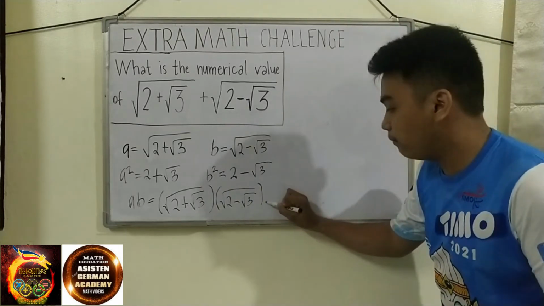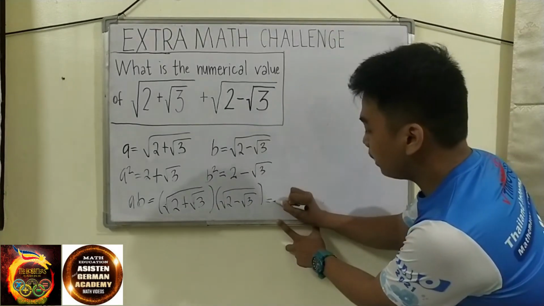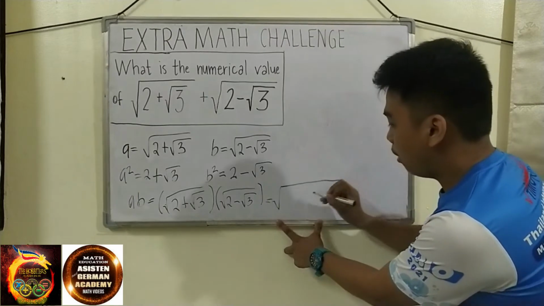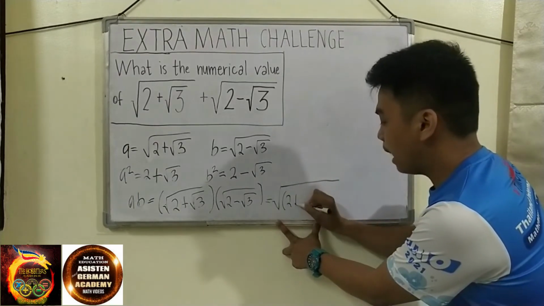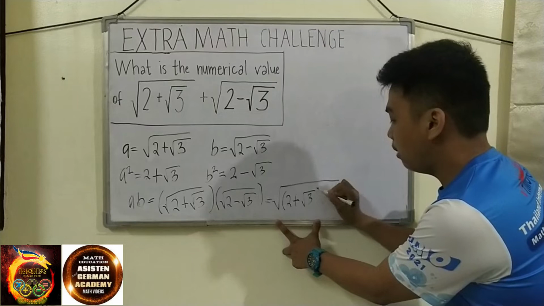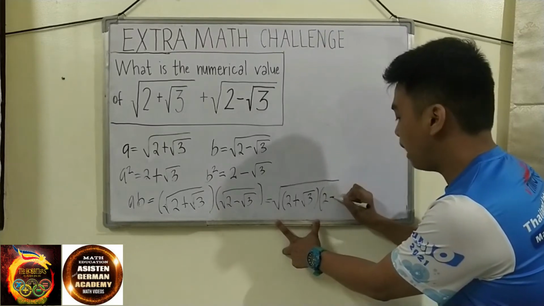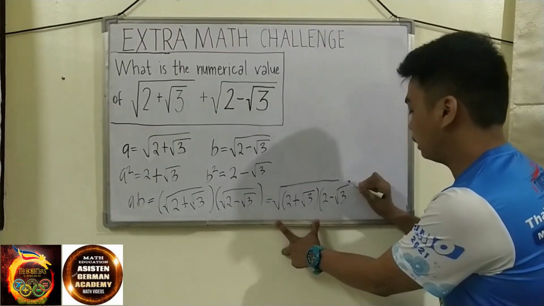So we have square root of 2 plus square root of 3 multiplied by 2 minus square root of 3.